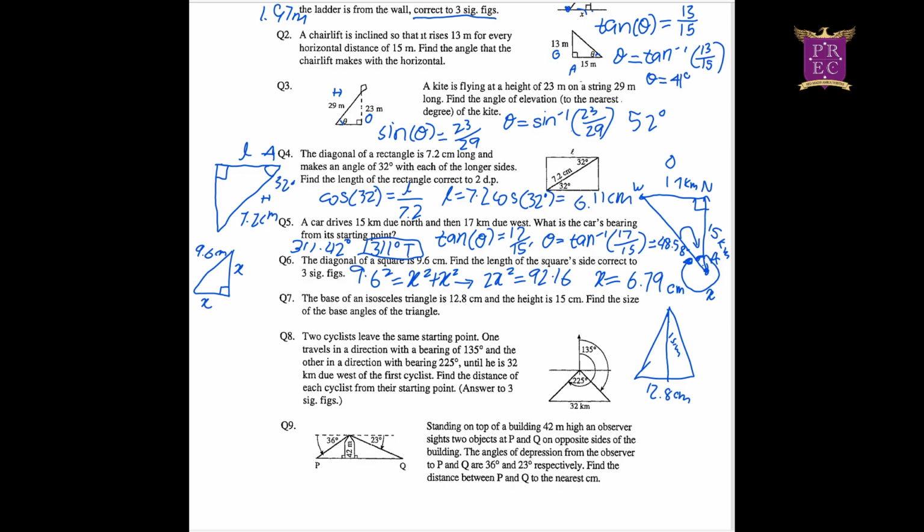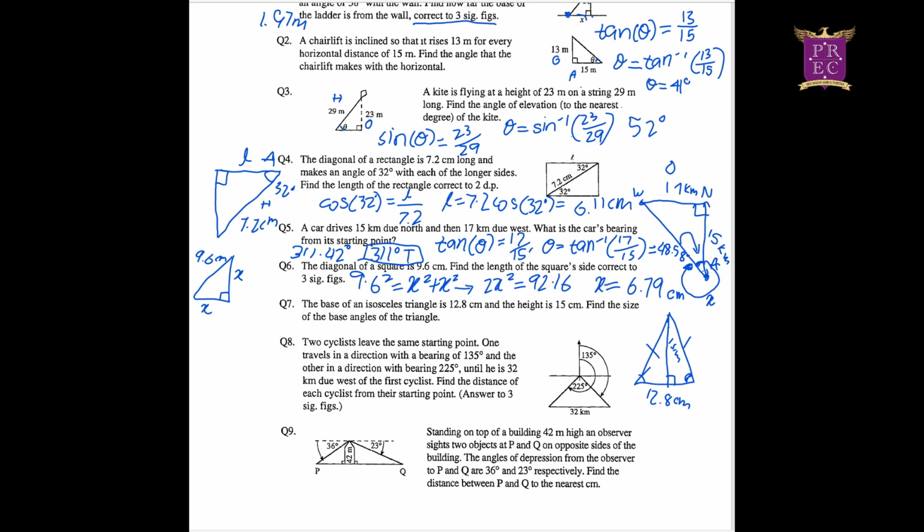Find the size of the base angle. So this one would be 90 degrees, and they're asking us for this angle, or this angle, because it'll be the same. It's isosceles, remember? What we have over here is a triangle like this, and this is 15, and this will be half of 12.8, which is 6.4.